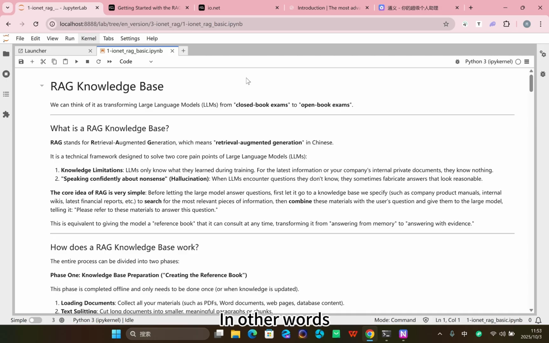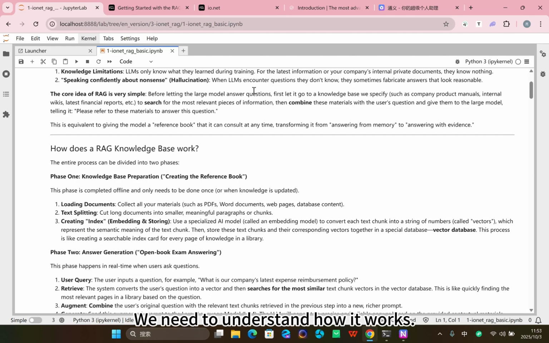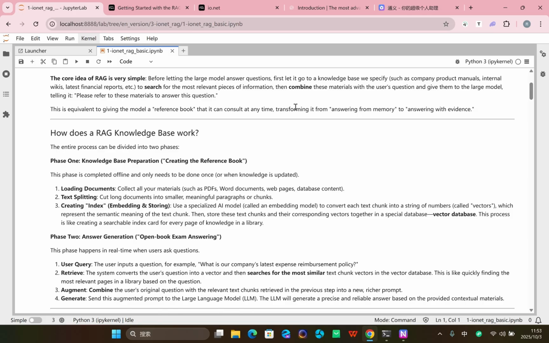Next, we need to understand how it works. Students who have worked on search engines may know it's basically a search engine. When I use it, I take the search result and put it in my prompt. Roughly, the first step is loading the document.